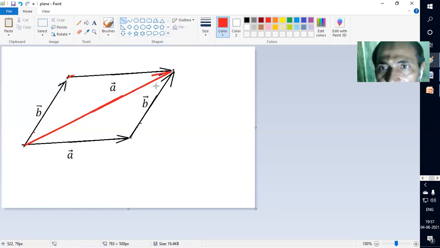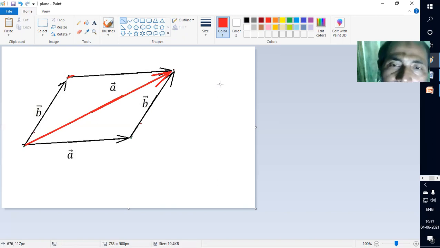Now you can see here, this is one parallelogram, and this parallelogram is having one diagonal in red color. This diagonal indicates the sum of vectors A and B. In this figure, also you are seeing the two triangles. One triangle is upside and other triangle is downside.